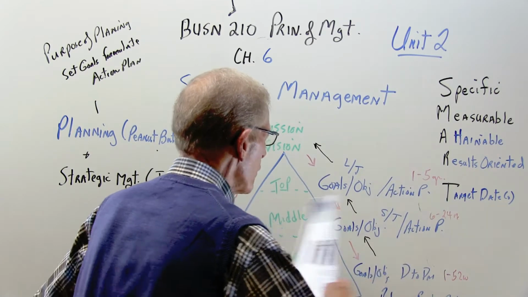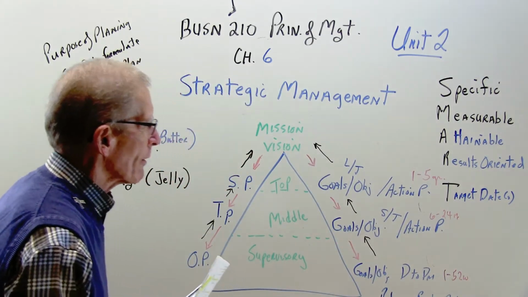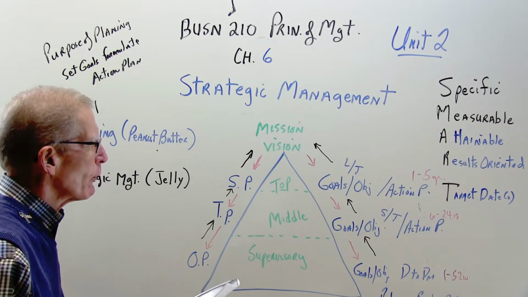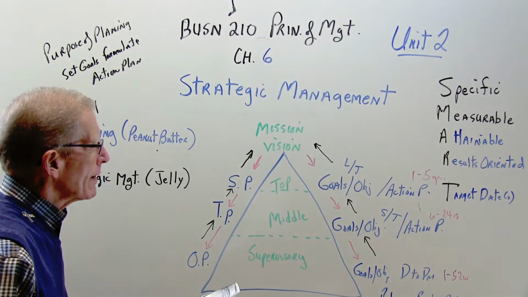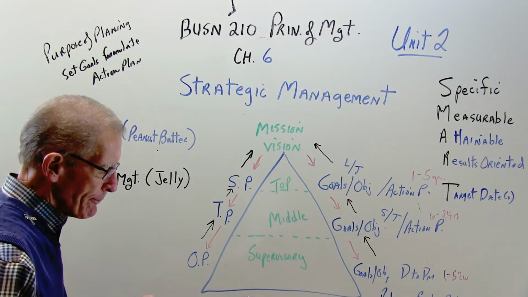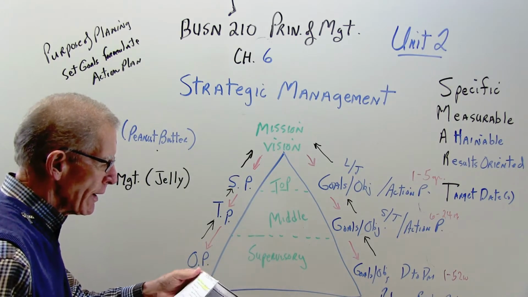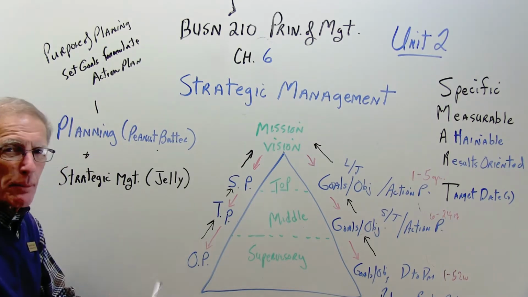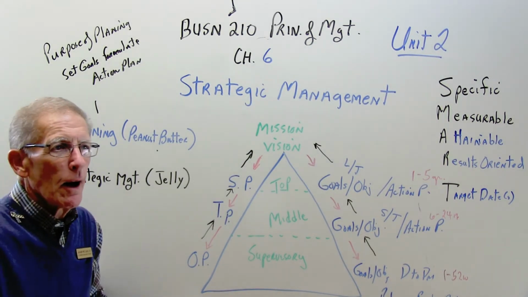So I'm probably going to do some erasing and put some other things on the board, but I wanted to look at this again before we did that. If you look at your handout, one thing that's kind of interesting. Sorry, I think I'm talking to the board and not to you.